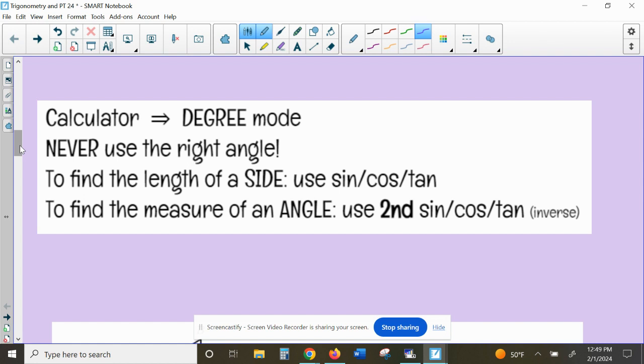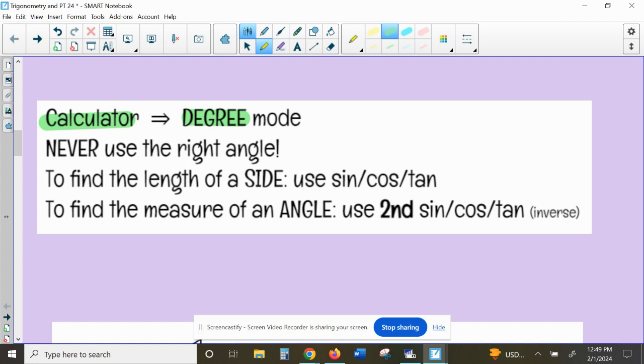All right, go right underneath the picture. Go back to the front of your foldable. Still in the front of your foldable. So right under the picture are some important little bullets. Okay, the first one we just talked about. So go ahead and highlight that your calculator needs to be on degree mode. You will get the wrong answers if it's not on degree mode.